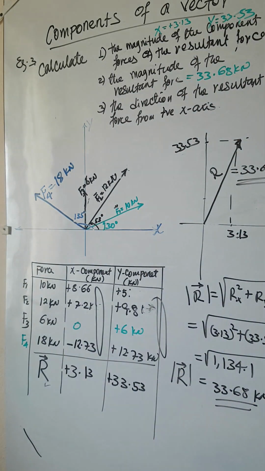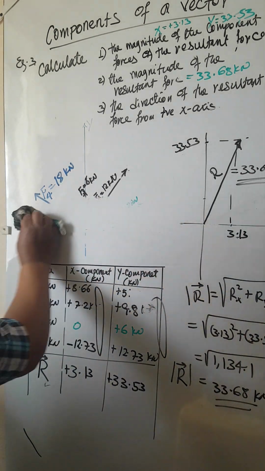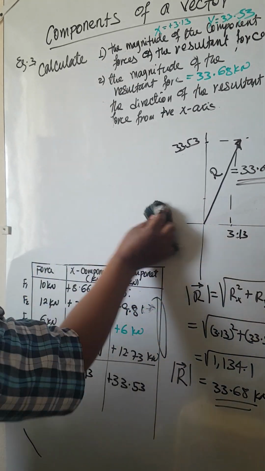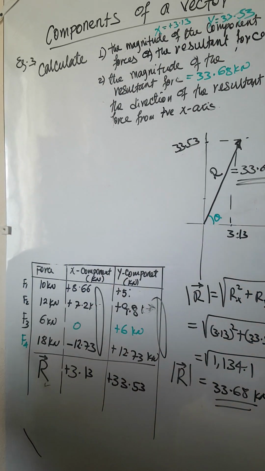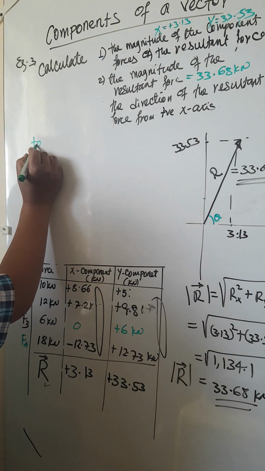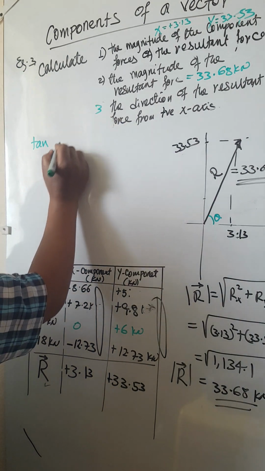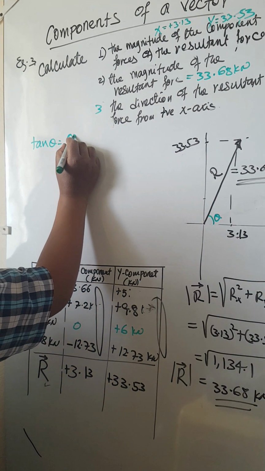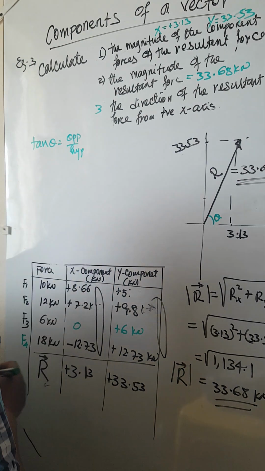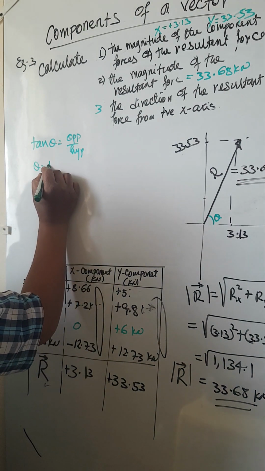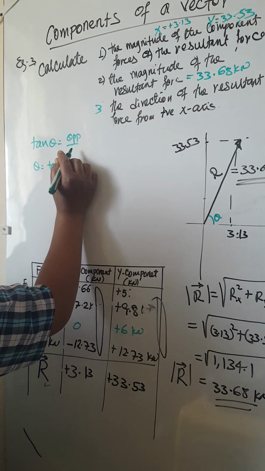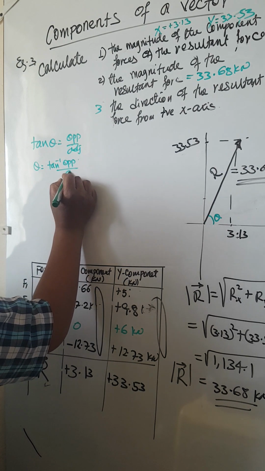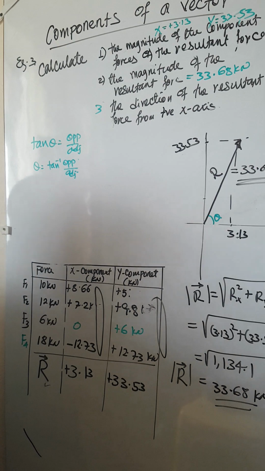Now the next is calculating the direction of the resultant force. Here we have theta. Tan theta is equal to opposite over adjacent, then theta is equal to tan inverse of opposite over adjacent.